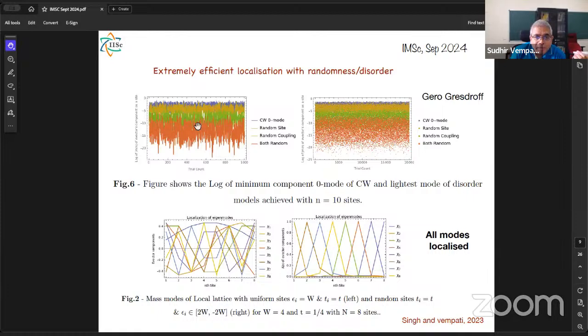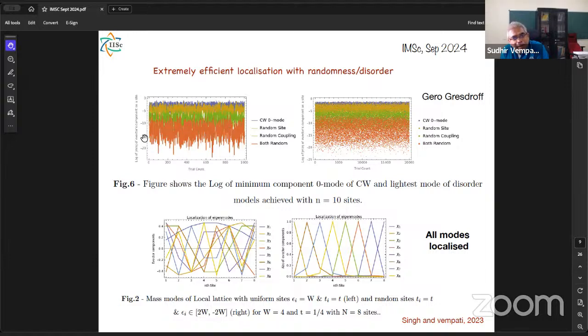So you see, you can generate hierarchies of the order of 10 to the power minus 20 in the case of Anderson localization. It's extremely efficient. Here I compared with the 0 modes of the random clockwork model, with random sites, meaning epsilon_i, which is random, and random coupling, which is the T, the next-to-nearest coupling, which are also random.